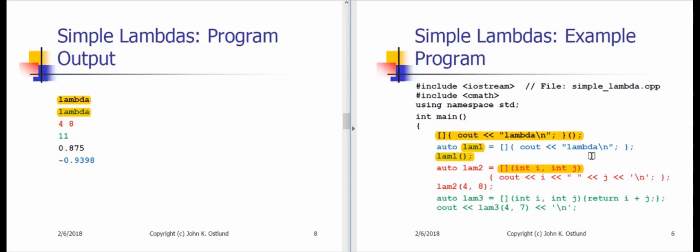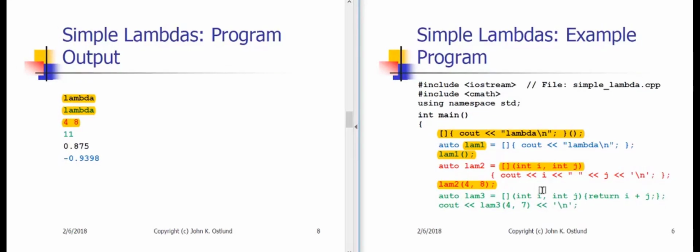In this case, all this lambda will do is to display those values separated with a space and concluded with a new line. So when I call this lambda, which I've named lam2, with these 2 arguments 4 and 8, sure enough what I see on my screen are the values 4 and 8.